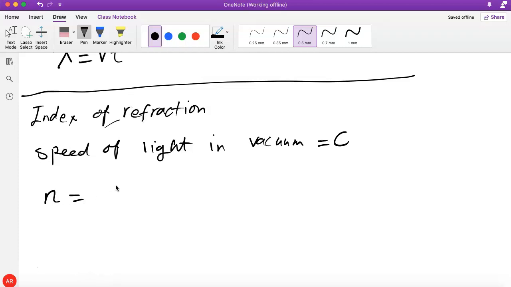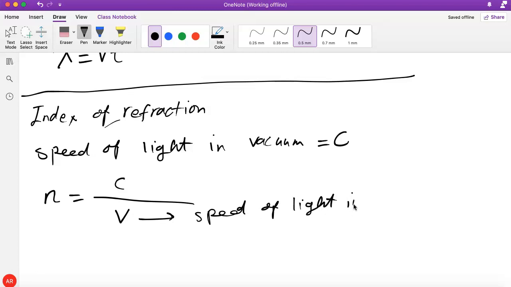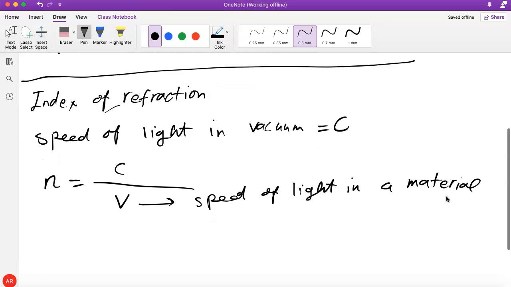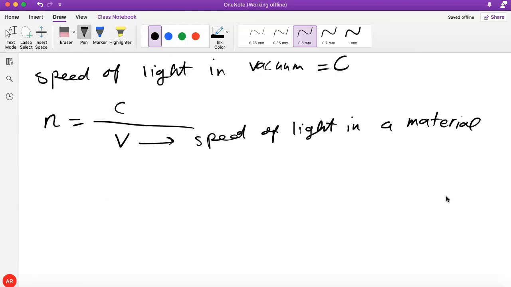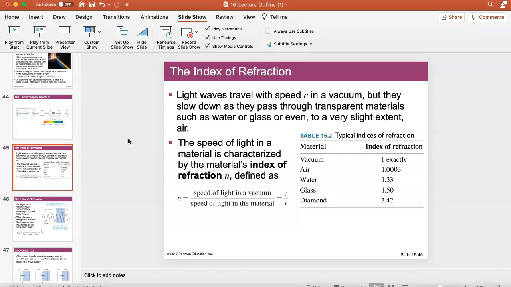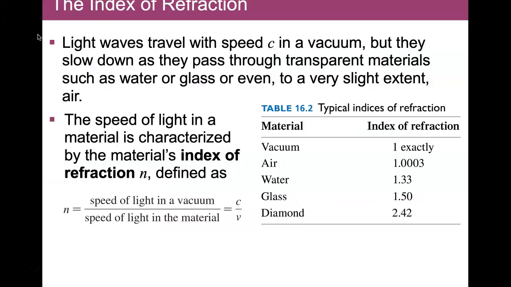of c to v, where v is the speed of light in a material. And that's a property of that material. So, for example, glass has something like 1.5, right? So the speed goes down by a factor of around 1.5.